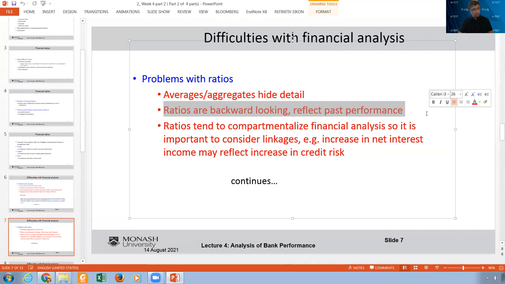But we want to know for planning, and if I'm an investor, potential or current, I want to see what the bank is going to do in the future. I'm not really interested in its history. So the impression is that the past will reflect itself in the future, but actually this is not always true. So one of the problems with ratios is that when we show the ratios, we think this is the position of the bank.